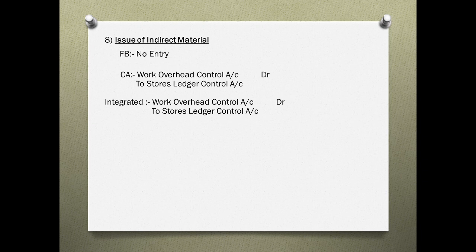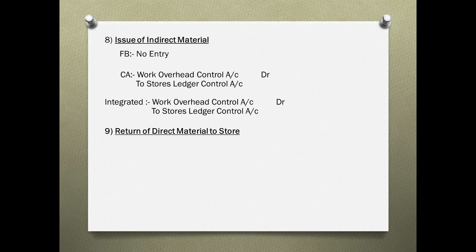For production. Now what type of material? Indirect material, so it would be work overhead control account debit to stores ledger control account. Remember earlier entry? It was same, but only thing it was direct, so WIP was debited. Here it is indirect, so factory overhead, or you can say work overhead control account would be debited. Combination of these two would be my integrated entry.